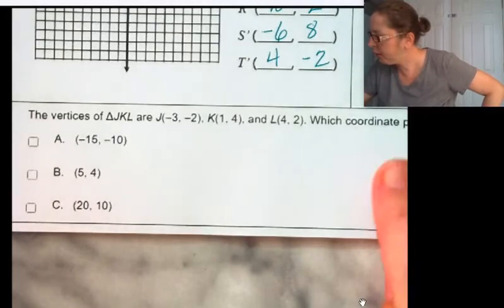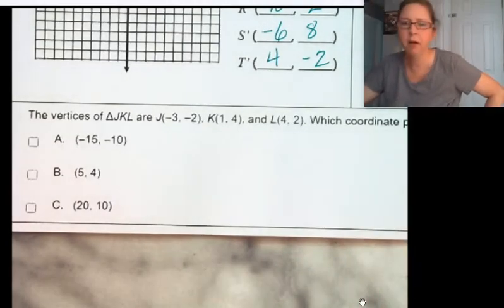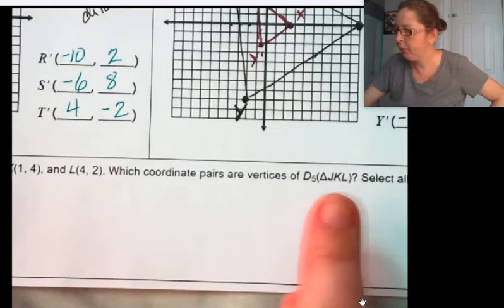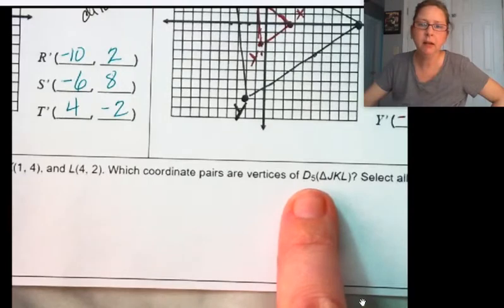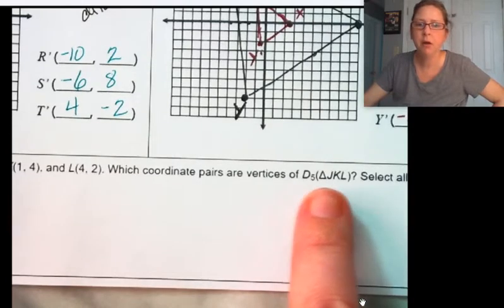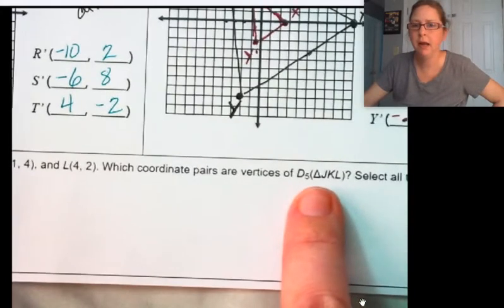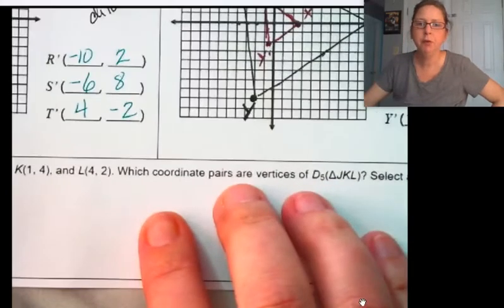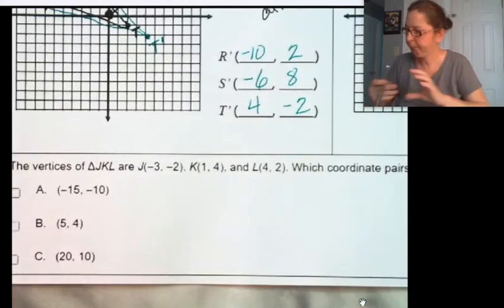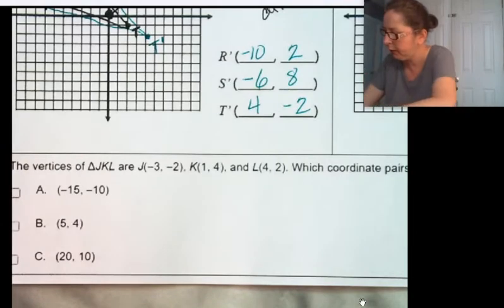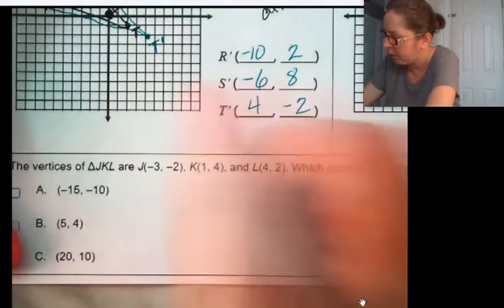Which coordinate pairs are vertices of, and remember this is our function notation, a dilation of 5 onto triangle JKL. Select all that apply. So I'd like for you to pause this video and do a dilation of 5 on all of these.